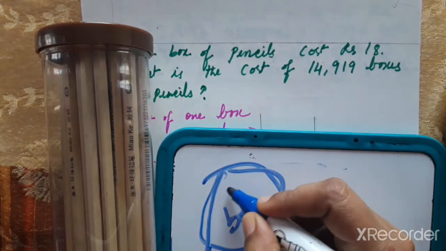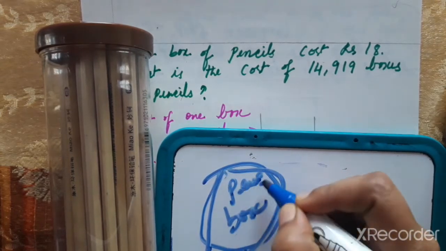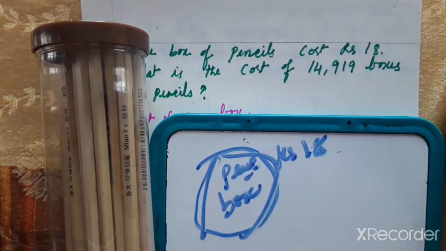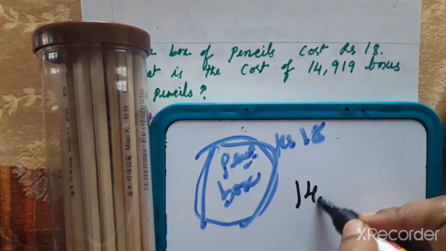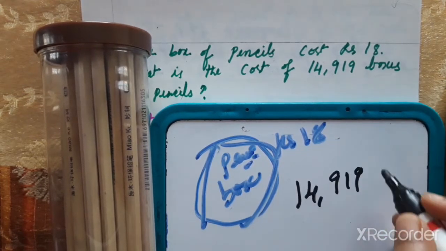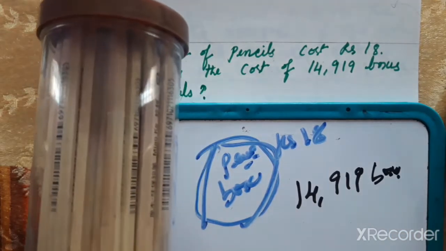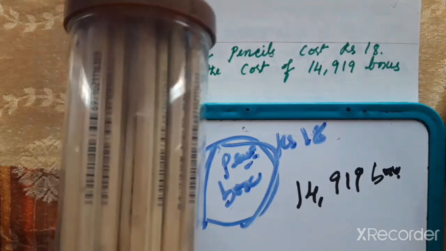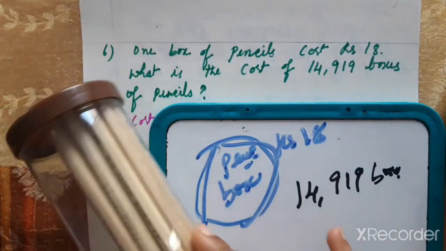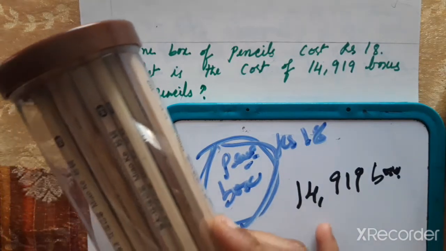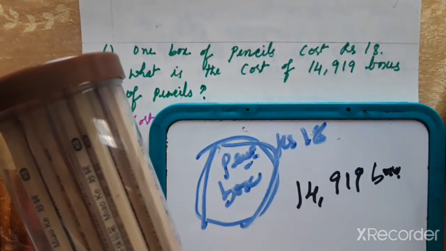This is a full box of pencils, many pencils are here. Now we have to find the cost of the total 14,919 boxes of pencils.